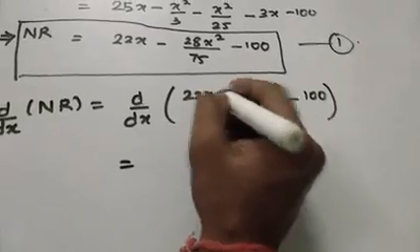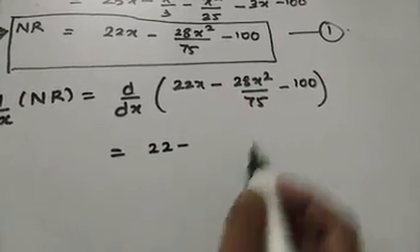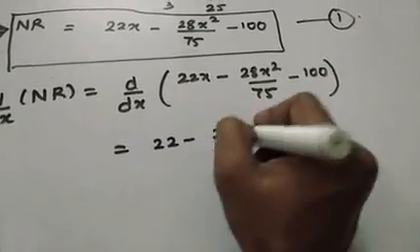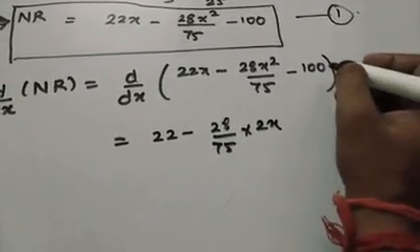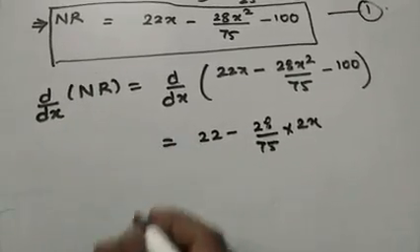Now 22x, x derivative is 1, so 22 minus x square derivative is 2x, and 100 is a constant part and constant derivative is 0. So this is d/dx of NR.